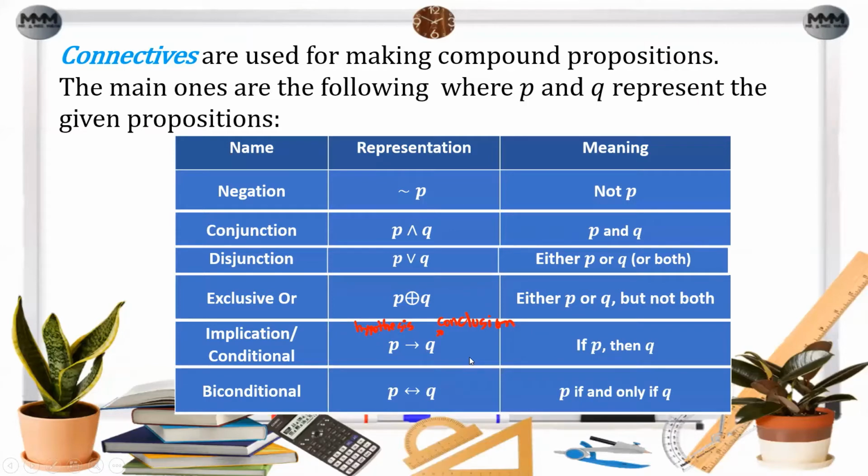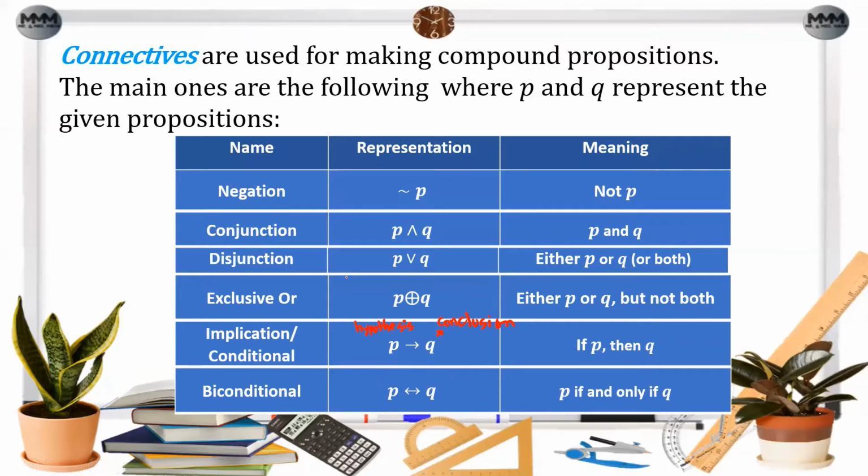And the next one here is what we call biconditional. For biconditional, as you can see here, there are two arrows to the left and to the right. So this means we have two conditions.